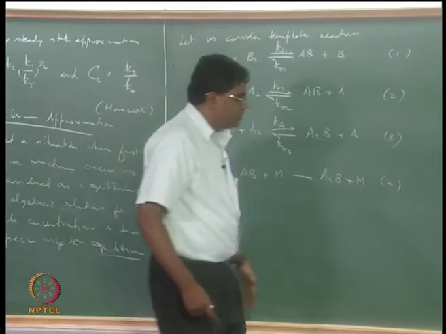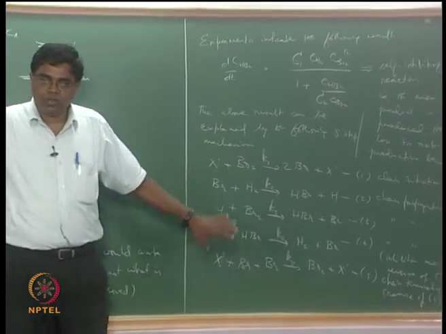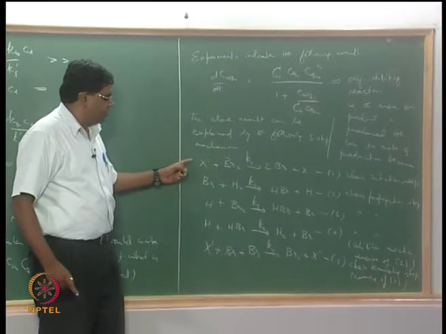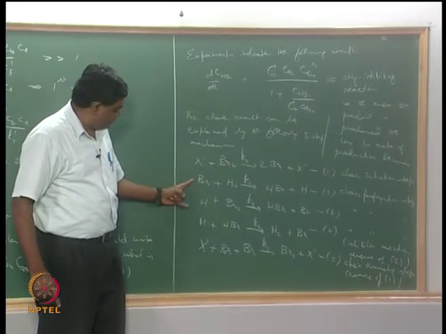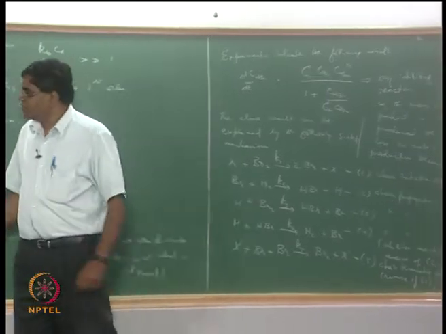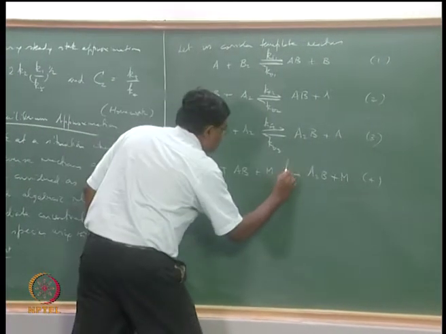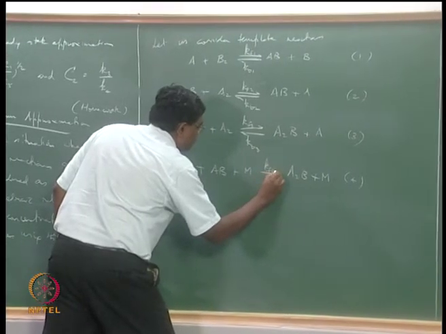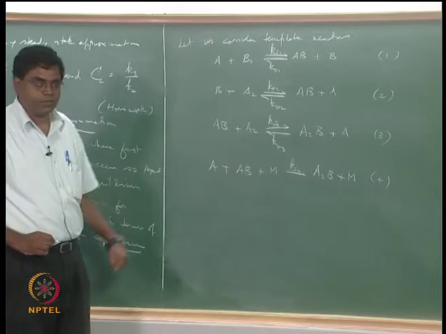If you were to write it like this, it would have been only 3 reactions. This and this going together is forward and reverse, this and this going together is forward and reverse, and the last one. It is just a different way of writing this, and so let us call the rate constant for the fourth one Kf4. We do not have a Kb4.